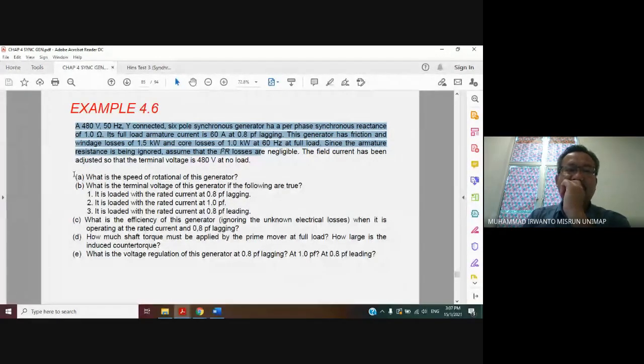The questions are: A, what is the speed of rotation of the generator? B, what is the terminal voltage of this generator if the following are true? First, it is loaded with the rated current at 0.8 power factor lagging. Second, it is loaded with the rated current at unity power factor. Third, it is loaded with the rated current at 0.8 power factor leading.